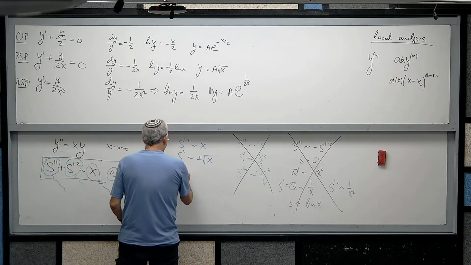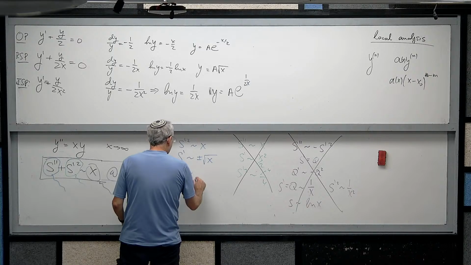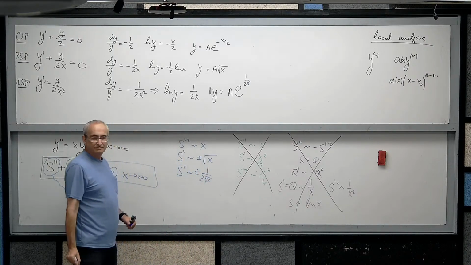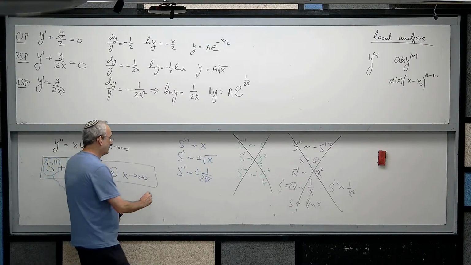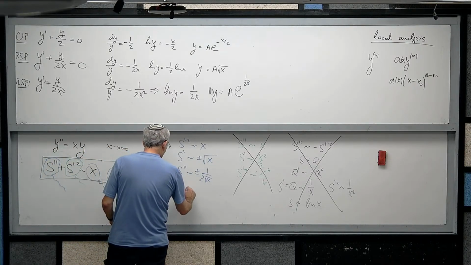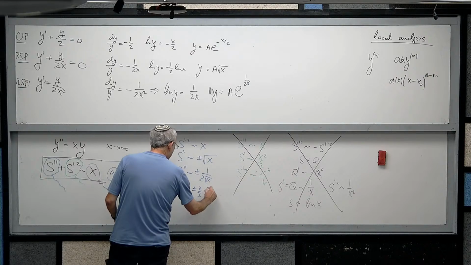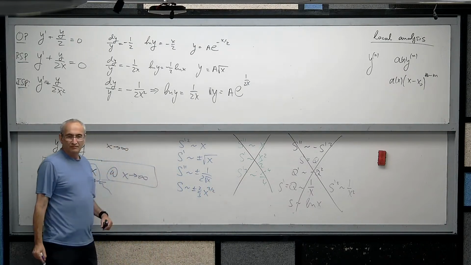And so S double prime is going like plus minus 1 over 2 square root of x. And just for the record, S is the integral of that, so it's plus minus 2/3 x to the 3/2. Just integration.